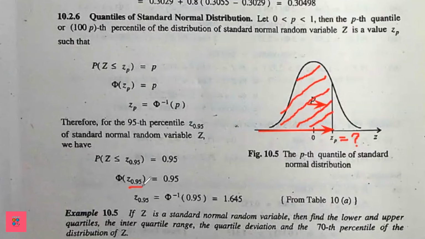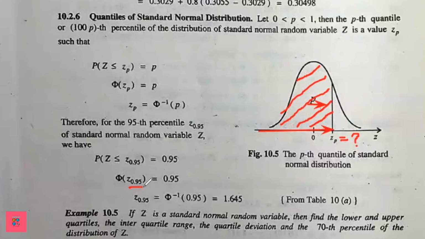So it's 0.95, the 95th percentile. It's the 95th percentile at this point. There are 100 percentiles, so that's why it is called quantiles. There are 4 quartiles in the distribution, 10 deciles in the distribution, and 100 percentiles in the distribution.